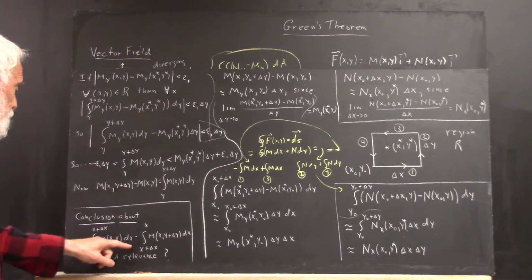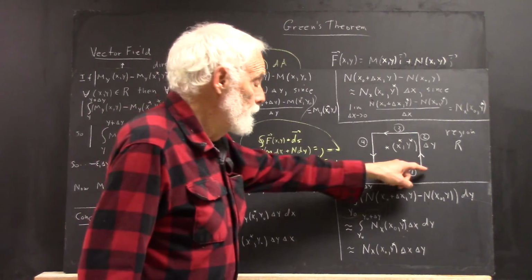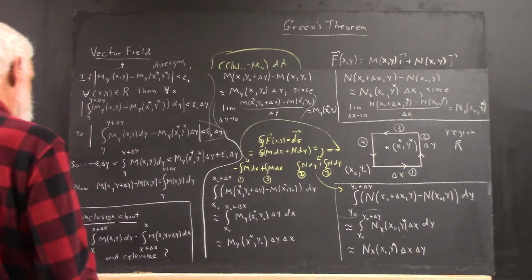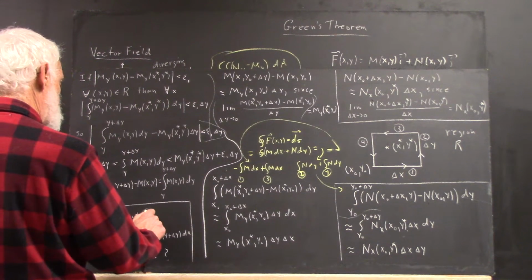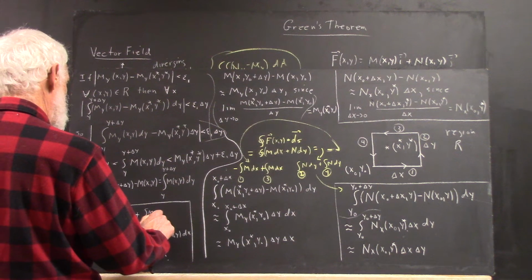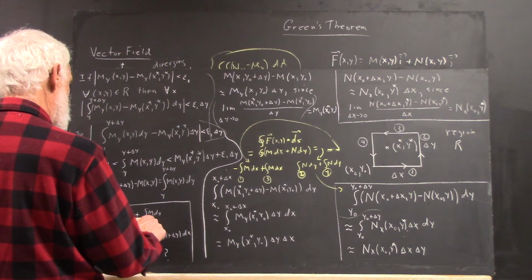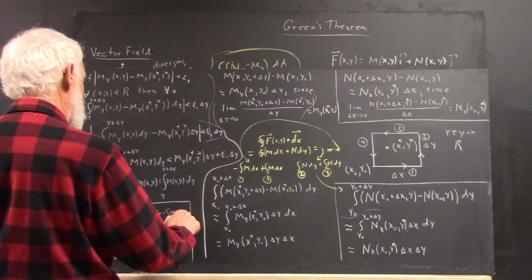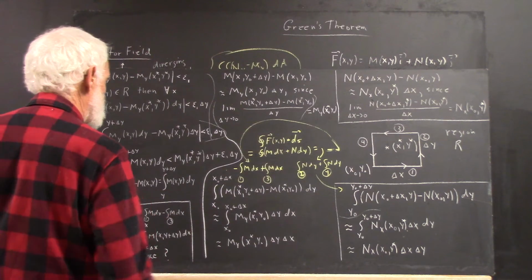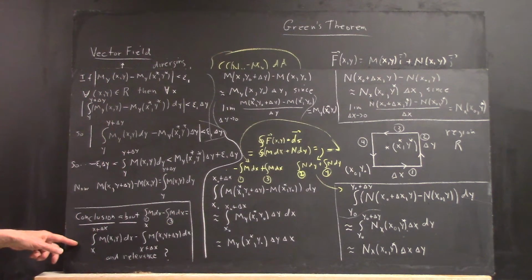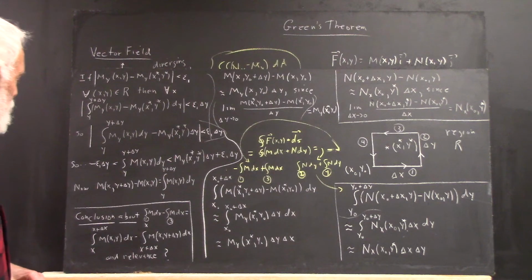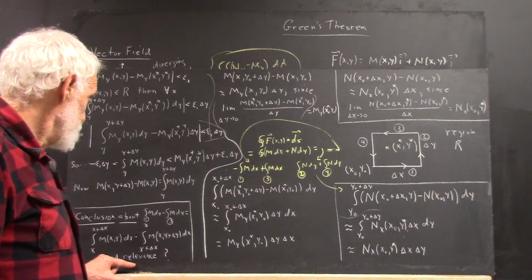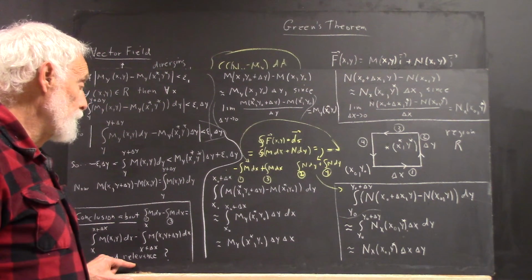In other words, this is the integral over part 1 of the path, and this is the integral over part 3 of the path. And I could say the integral of m dx over part 1 minus the integral of m dx over part 3. And then we want to pull that together and see what the relevance of that is to the conclusion we want to make, at least for this small rectangle.